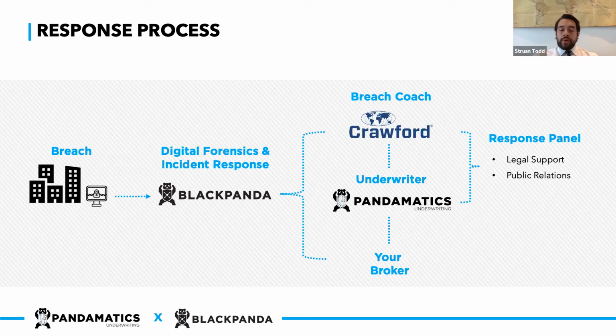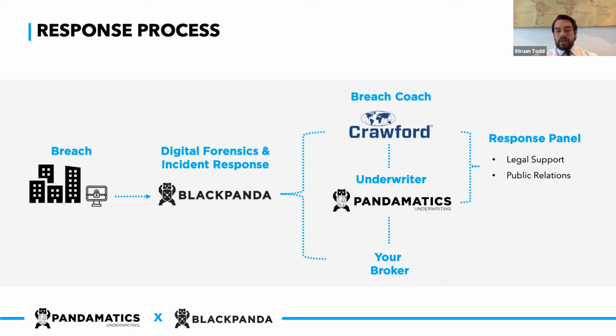Now, throughout that process and throughout determining whether it falls under a cyber insurance policy or not, we will always keep both the broker and the client up to date at all times. I realized there was a fall down previously with some of my past experiences with certain insurers.